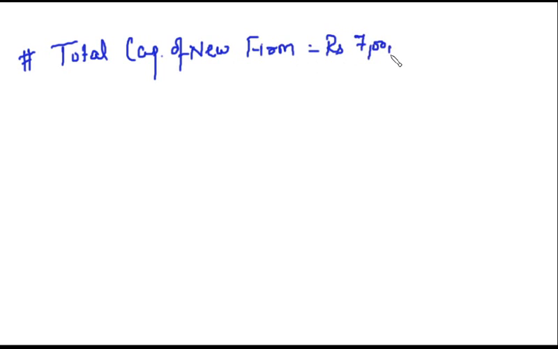So he says this is the total capital of the new firm. It will be equal to the capital existing before the retirement, that is 7 lakhs, and this capital will be in the ratio of the new profit sharing ratio between the continuing partners.